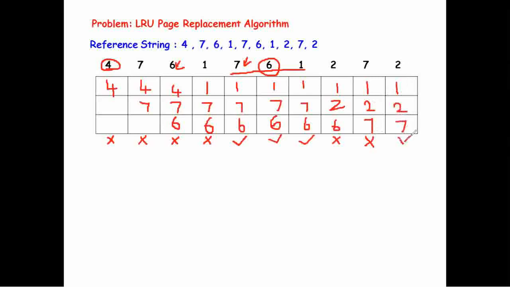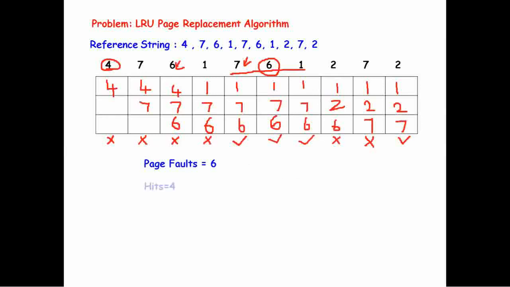Now we can calculate the total number of page faults. Total number of page faults is the total number of misses: 1, 2, 3, 4, 5 and 6. So here the total number of page faults is equal to 6. Then the total number of hits is 4. If you want to find the hit ratio, we already know the formula.